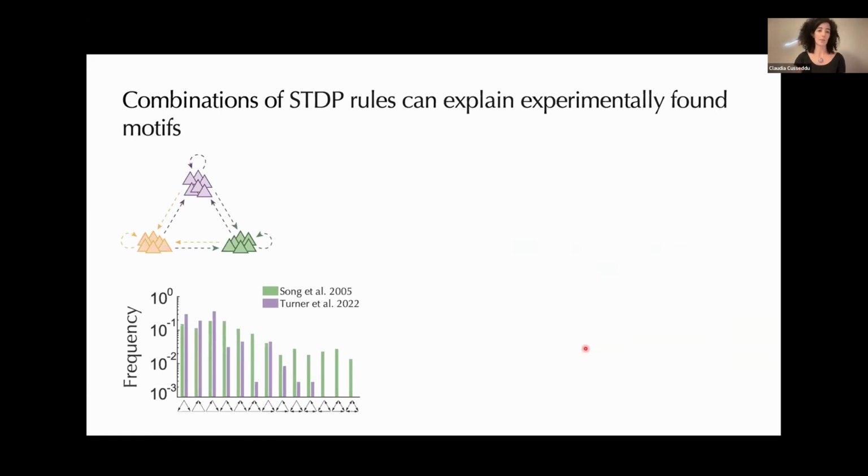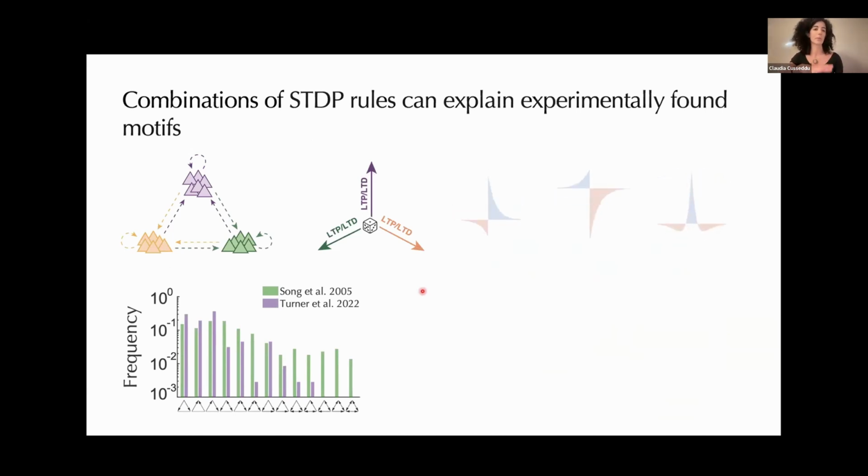So we used the experimental motif distributions that I mentioned earlier from Song et al. and Turner et al., and we used the same model, so 3 subgroups of neurons and plasticity rules assigned postsynaptically. What we did was run a large set of Monte Carlo simulations, exploring both the type of kernel and the STDP parameters.